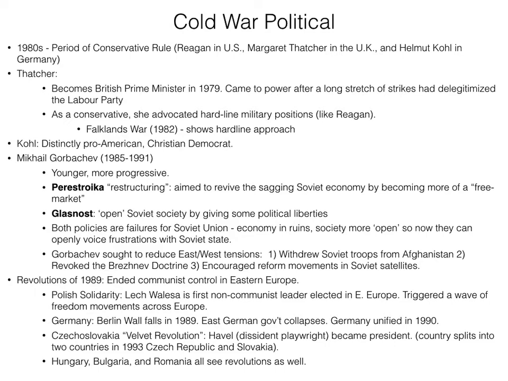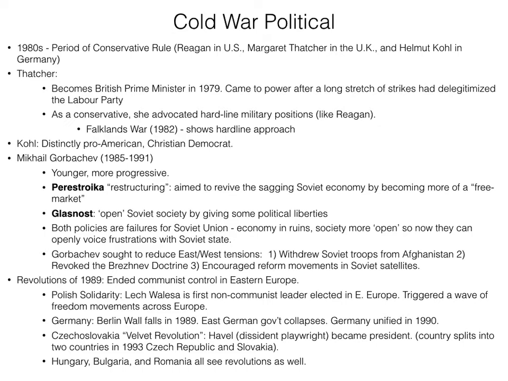He also wanted to open Soviet society. Glasnost literally means "to open," and he wanted to loosen the stranglehold the Soviet government had over individual liberties. Now, both policies are failures for the Soviet Union.